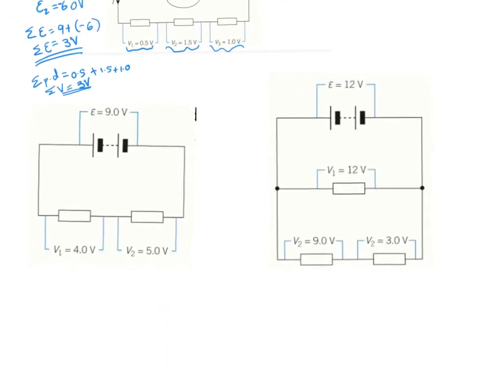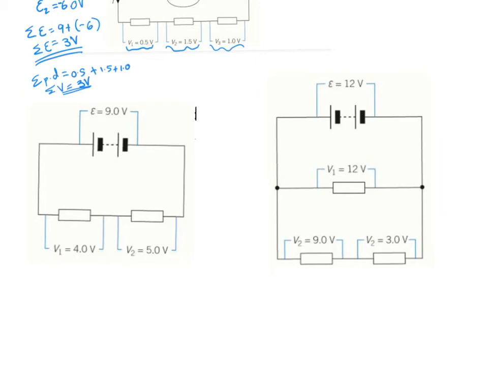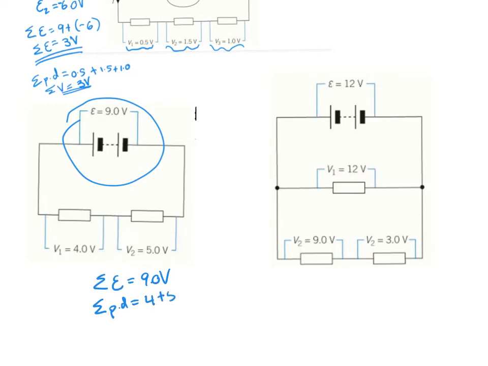Now I do have a couple more examples just to make sure that we differentiate between series and parallel circuits. In this case, we have just one EMF, so the sum of EMF, which is 9 volts, should be equal to the sum of the potential differences, which is 4 plus 5, this one and this one, which is 9 volts as well.